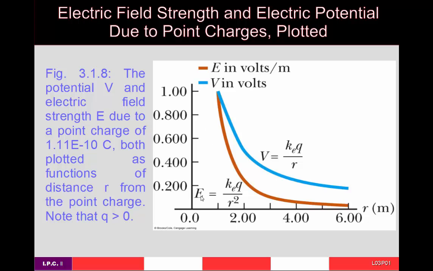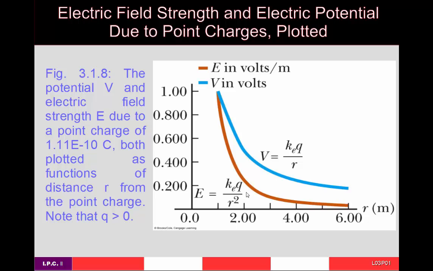So E is KEQ over r squared, V is KEQ over r, where Q is the charge on the point source that we're finding potentials from and electric fields due to. You can see that both, of course, decrease as your distance increases. This one like 1 over r, this one like 1 over r squared.